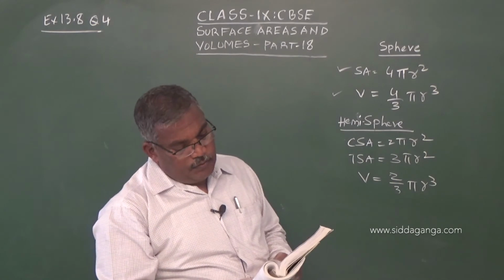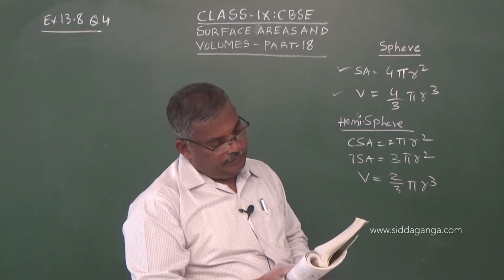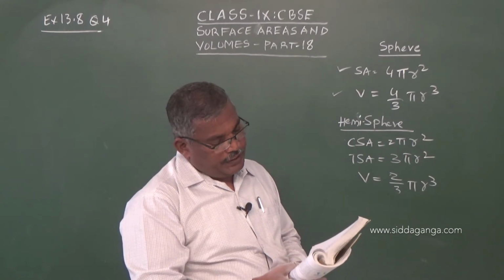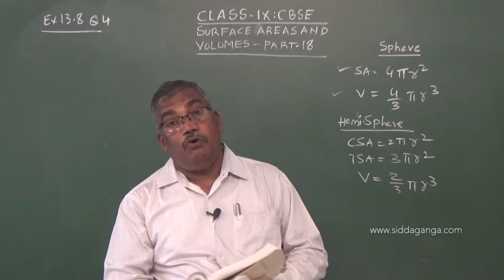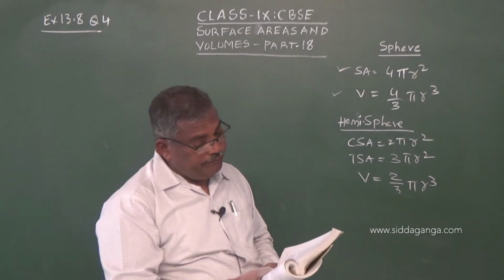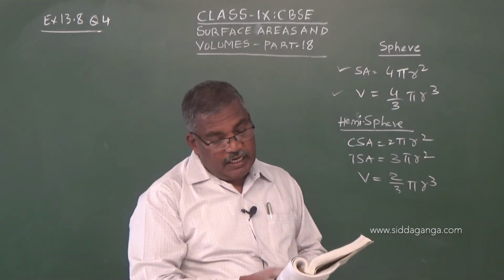The diameter of the moon is approximately 1/4 of the diameter of the earth. What fraction of the volume of earth is the volume of moon? To understand the question, the diameter of the moon is approximately 1/4 of the diameter of the earth.